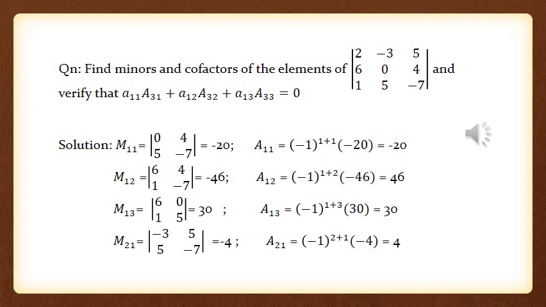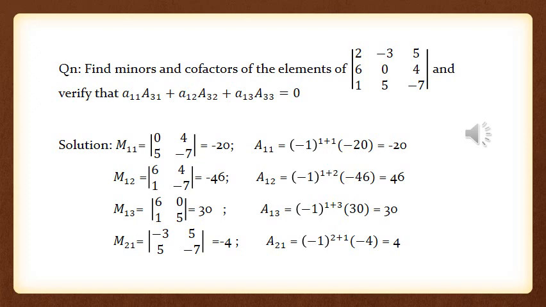Now these capital letters A31, A32 and A33 are the cofactors of the elements a31, a32 and a33. Anyway, let's see the minors and cofactors of the elements of the determinant.